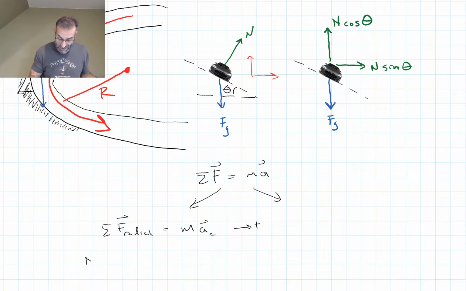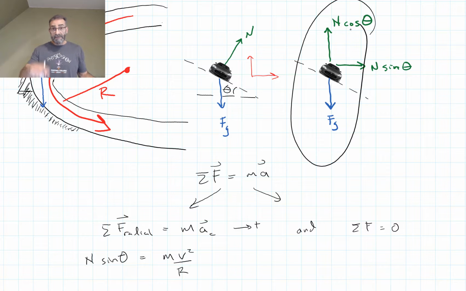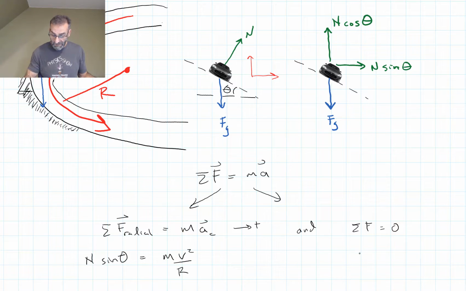And that gives me n sine theta is m v squared over r. And I know that the sum of the forces in the vertical direction here have to add to 0. The car is not moving in the vertical direction. It's always at the same vertical location. So that tells me n cosine theta equals mg, the force of gravity.